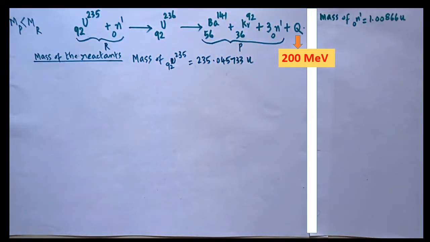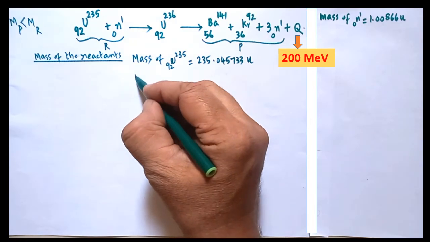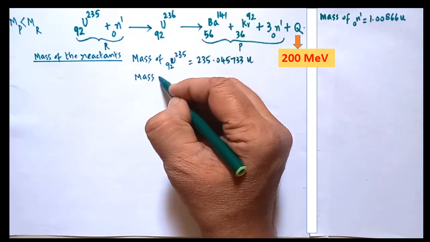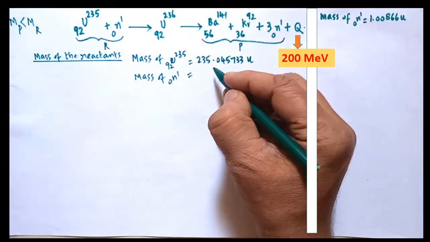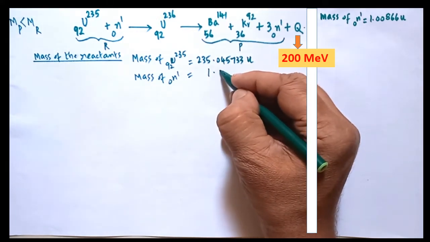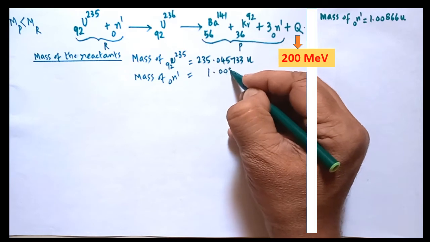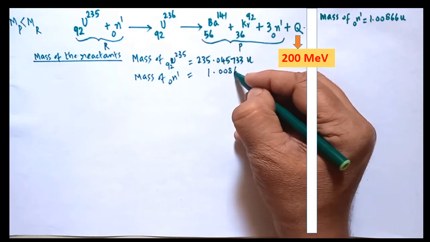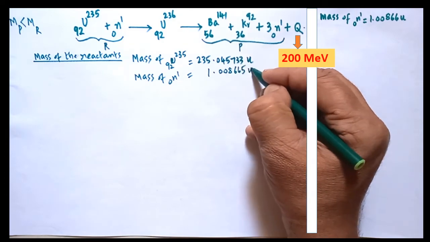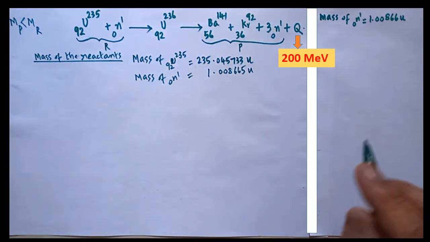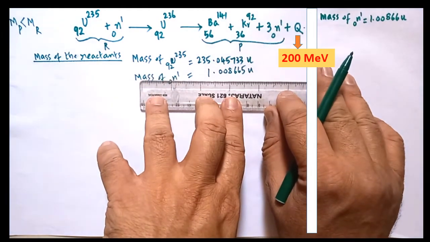And then this is bombarded with a neutron, no? Mass of the neutron is equal to, we are supposed to know this value, 1.0086665 atomic mass unit. Now both of these have to be added.